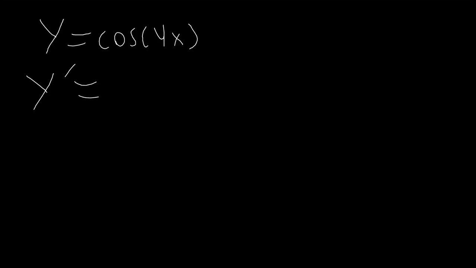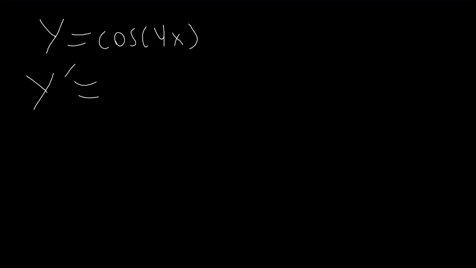Now let's move on to some examples with trig functions. So let's find the derivative of y equals cosine of 4x. So what we have to realize here is that this 4x is going to be our u, because it's the inner function, and the outer function is just our trigonometric function, in this case cosine.